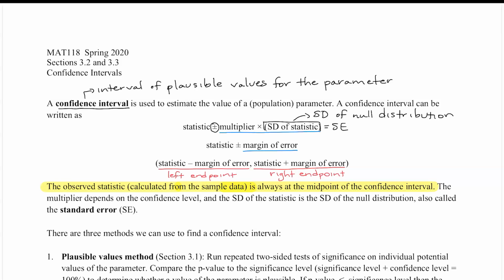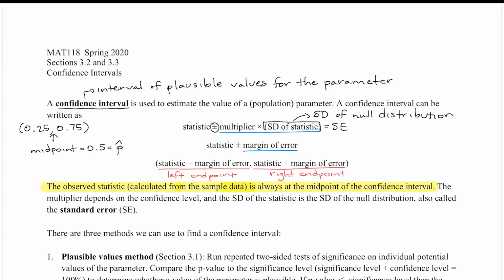Now, it does mention here that the observed statistic is always at the midpoint of the confidence interval. So, for example, if I make an interval from 0.25 to 0.75, if that's my confidence interval, the midpoint is 0.5.